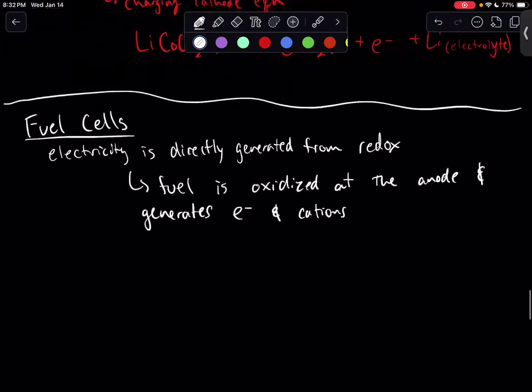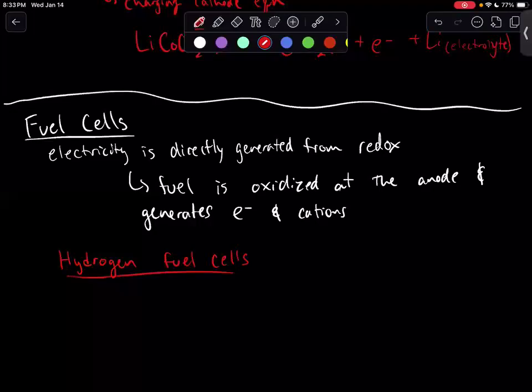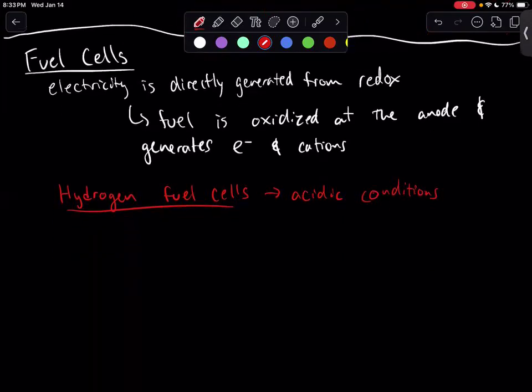Now, I said hydrogen fuel cell, so we'll use hydrogen fuel cell as our example. See how they work a little bit. With our hydrogen fuel cells, these usually happen in acidic conditions, and you'll see momentarily why. But you might be able to guess, as what denotes a hydrogen by Bronsted-Lowry standards is the movement of a proton.